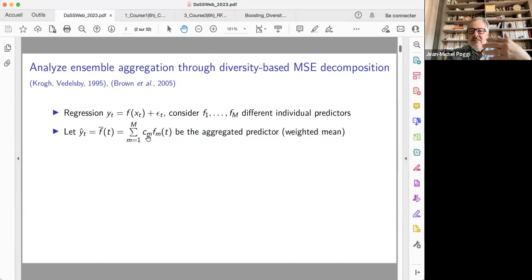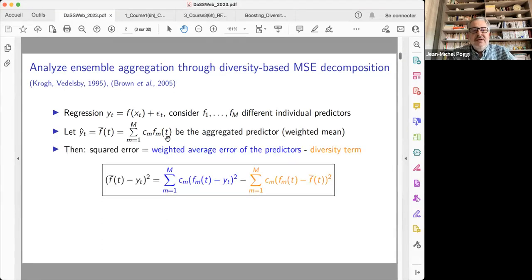Of course, the beautiful theory of sequential learning allows you to choose the weights in a clever way, but it's not my point here. Suppose that you have some way to combine these different predictions, and instead of choosing one of them, you just predict by the weighted average value. So the aggregated estimate is just this formula.